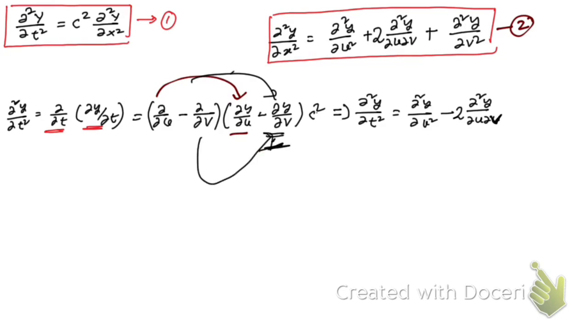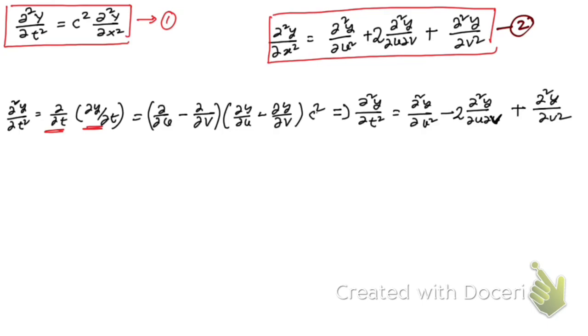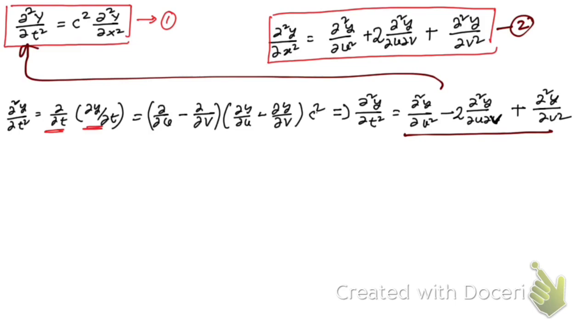Then what we're going to get, let me clean this. Just give me a second. Then you're going to get plus second order derivative of y with respect to v. That's what we're going to have. So now we're going to use this value here, and this value, you can see here, right?